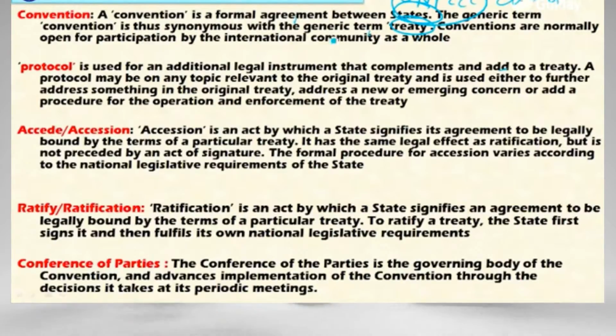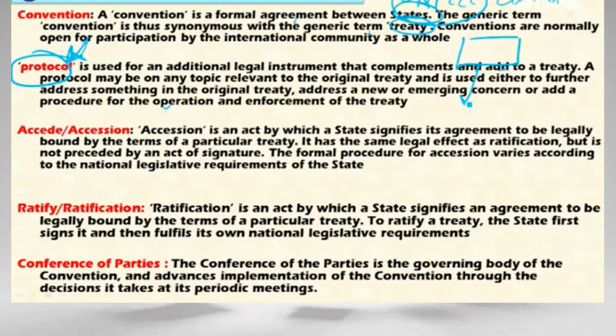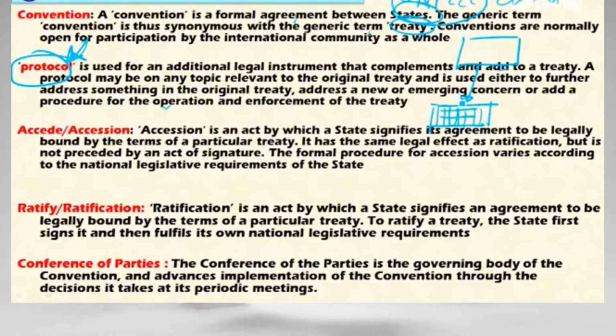The deeper aspects, the procedures, rules, regulations and guidelines, are put forward in the protocol. For most of the conventions there is a protocol. The convention decides the broad guidelines and the protocol lays down the detailed procedures that must be undertaken by the countries in order to make this event a successful one.